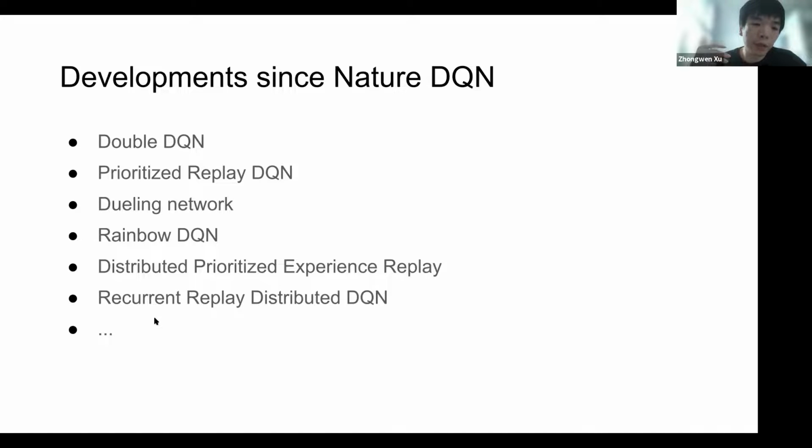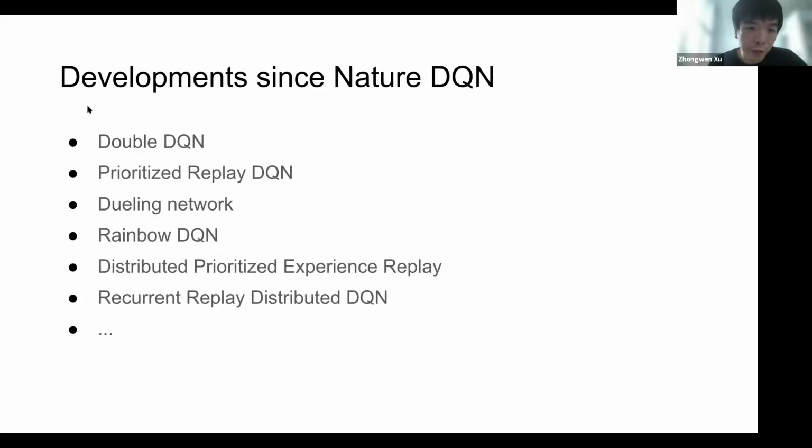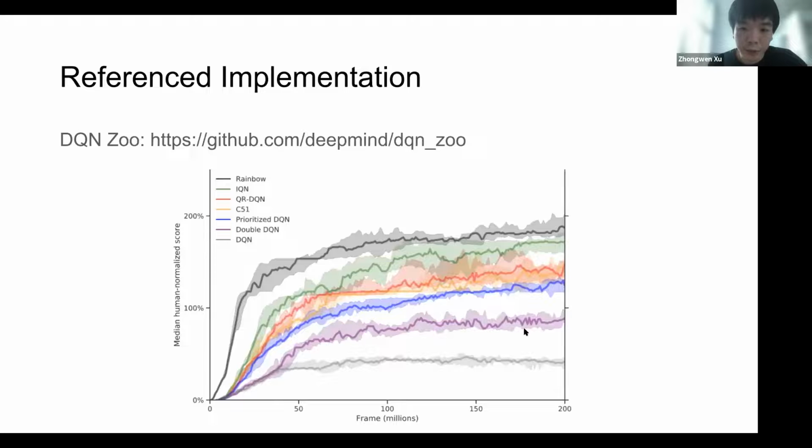Later, people found that if you introduce a recurrent neural network in the replay, the agent could perform better, and they introduced the R2D2 paper. There are many developments from the classic Nature DQN, all happening in recent years, and people are still studying and improving it.